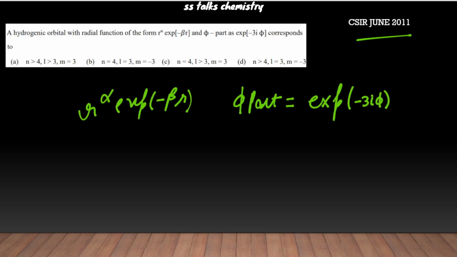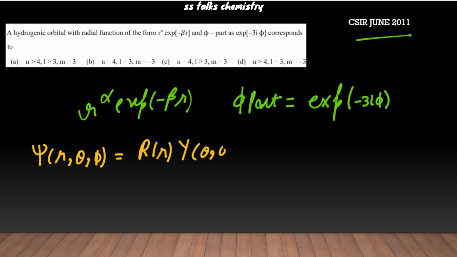Now the wave function of the hydrogen atom, we write it in terms of the polar coordinates, which are r, theta and phi. It consists of two parts, the radial part and the angular part, which is dependent upon the theta and phi terms.